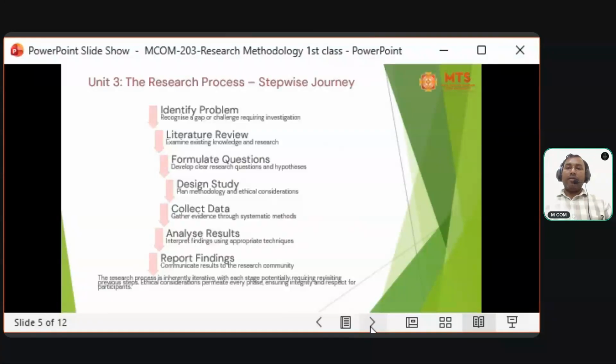to identify the problem and also to find a way to do the research properly. The literature review is very important for research.